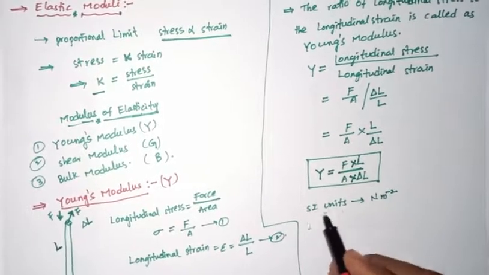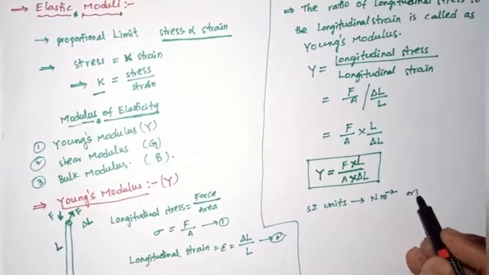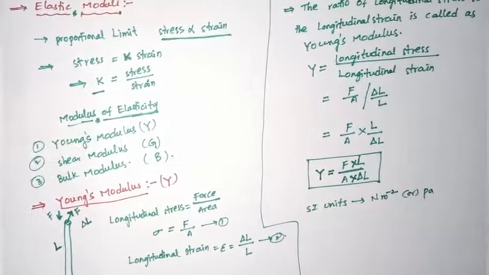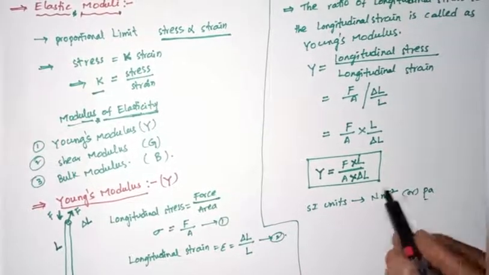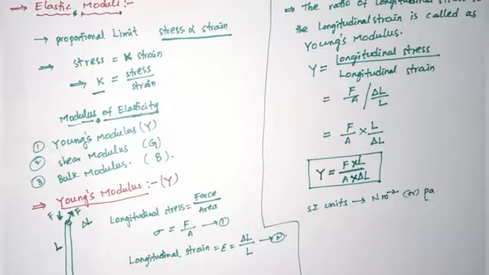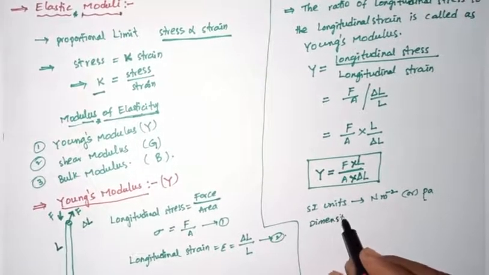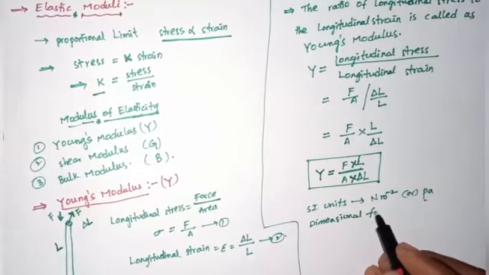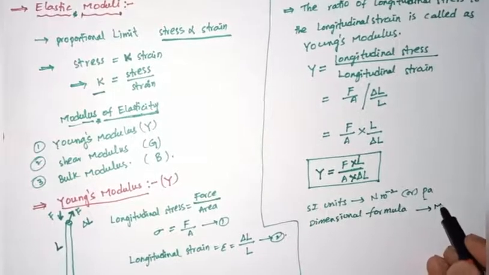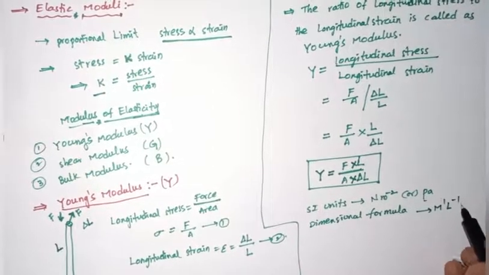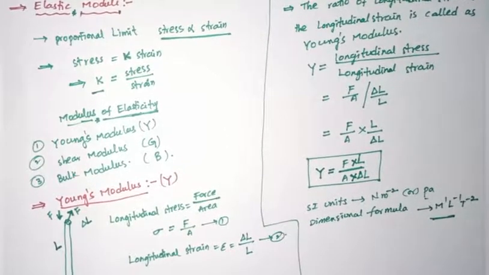So the SI unit of Young's modulus is Newton per meter square, or Pascal. 1 Pascal equals 1 Newton per meter square. And the dimensional formula is M to the power 1, L to the power minus 1, T to the power minus 2.